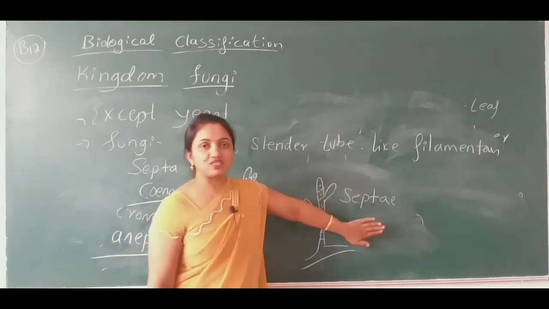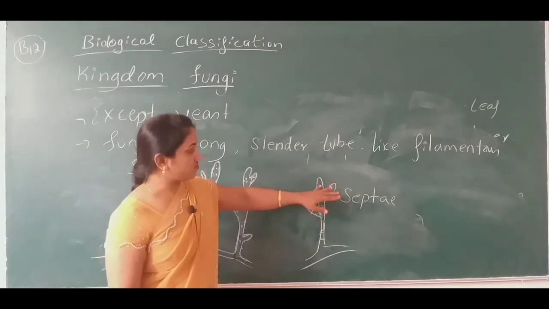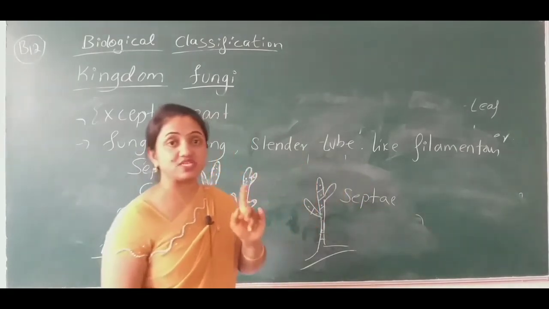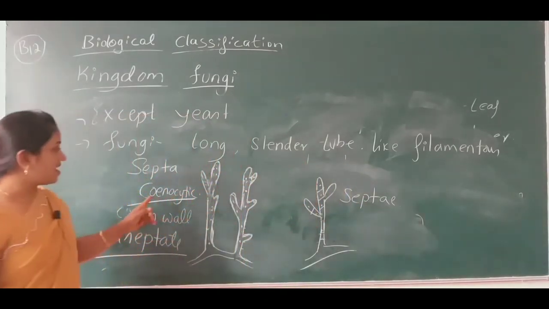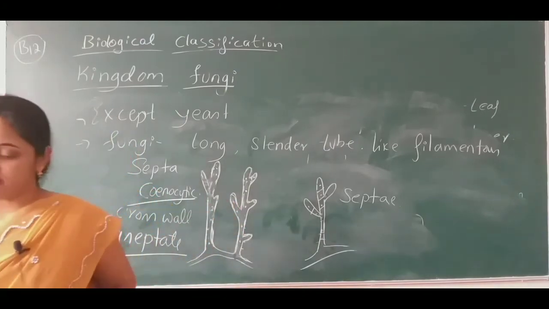We cannot call this cenocytic. In one cross wall only one nucleus will be present. Cenocytic means having a number of nuclei without cross walls.